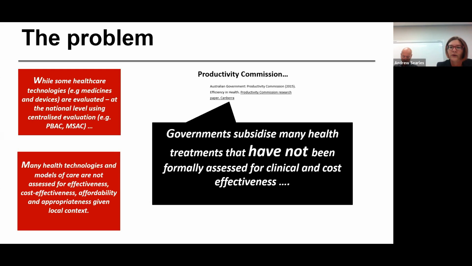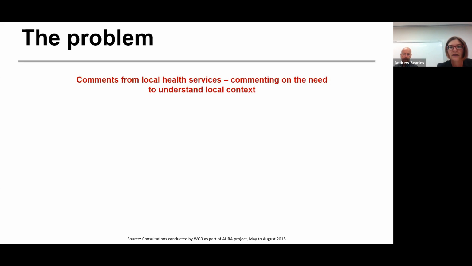So we were guided by some advice that came out of the Productivity Commission a few years back, where government subsidised healthcare treatments that have not been formally assessed for clinical and cost effectiveness. So we were looking at how we could impact that.